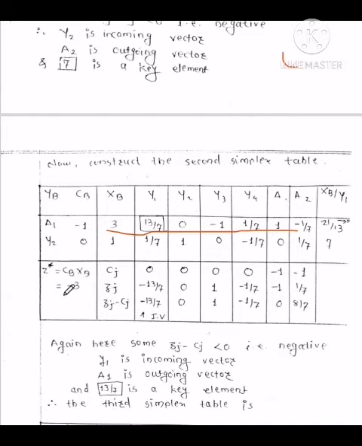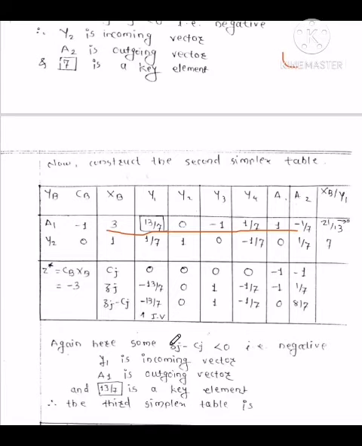So z star equals cbxb, that is minus 1 into 3, that is minus 3, plus 0 into 1, that is 0, so minus 3. Cj means c1 c2 c3 c4 c5 c6, and zj means cb into yj. So similarly we can find out the zj, then zj minus cj. So in this way we can find out the second simplex table.